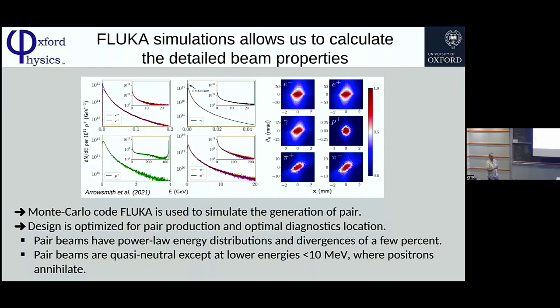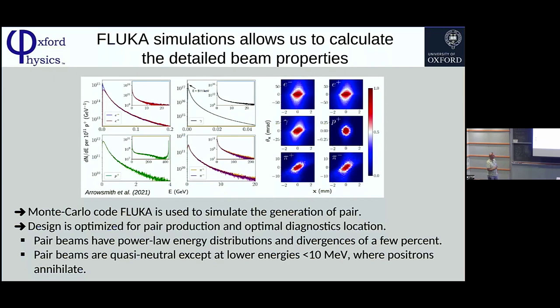These are highly tested codes in all the particle physics community. They're used also for medical physics. And the type of processes that we are using in this type of experiments are pretty standard. So we expect FLUKA to be quite accurate in its prediction.